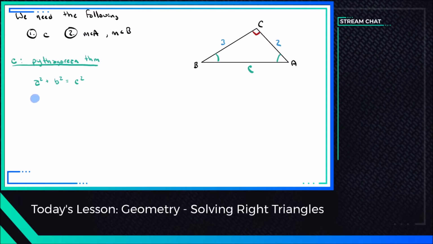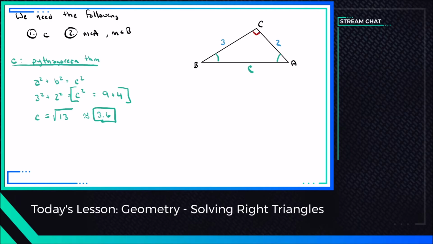We got 3 squared plus 2 squared is equal to c squared. Well, 3 squared plus 2 squared is equal to 9 plus 4. So c squared is equal to 9 plus 4, or c is equal to the square root of 13, which is approximately equal to 3.6. All right, so using the Pythagorean theorem, that's pretty straightforward.